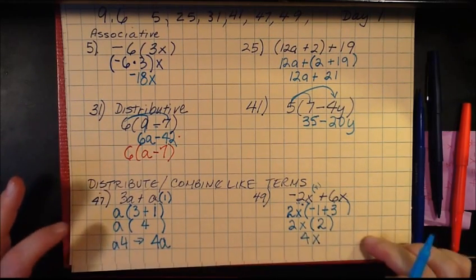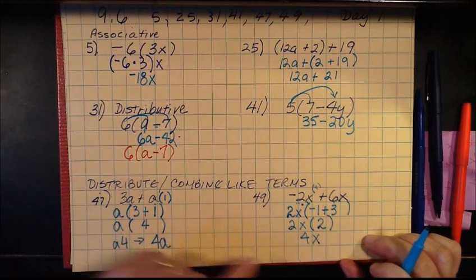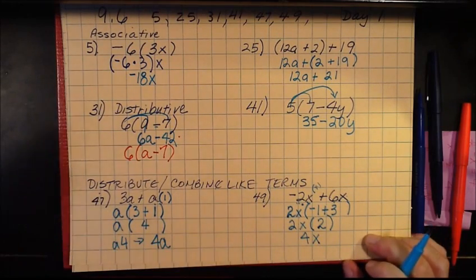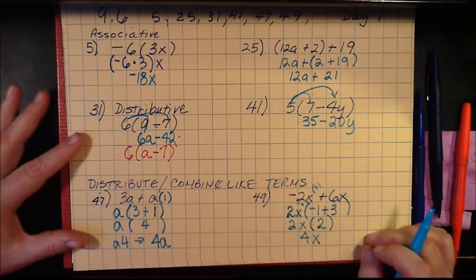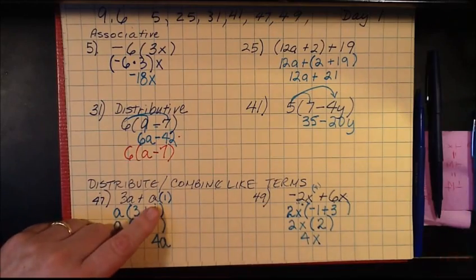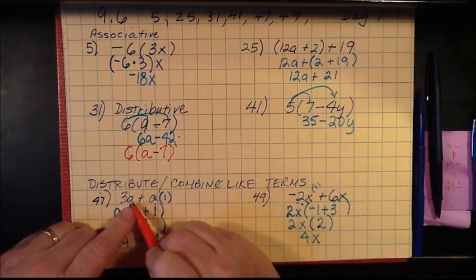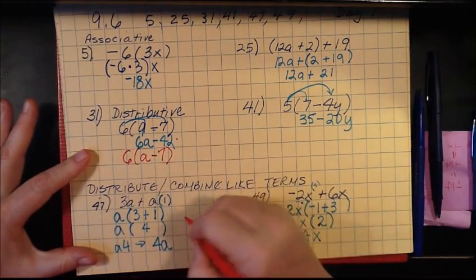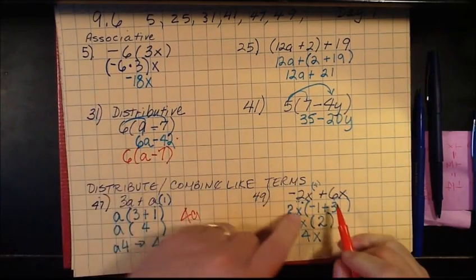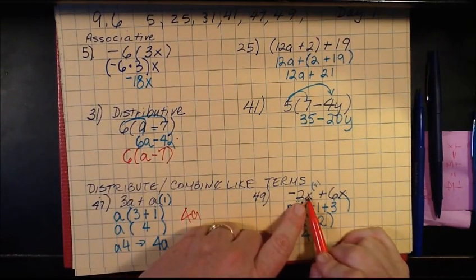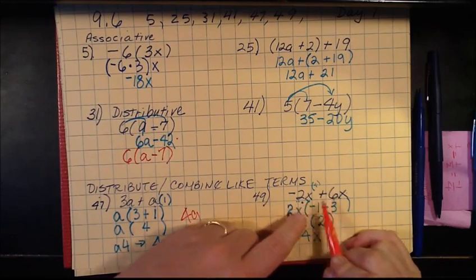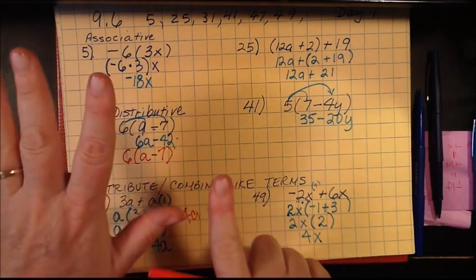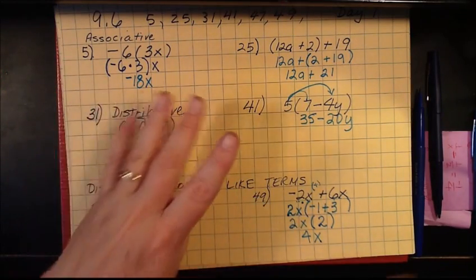And just to remind you, this is the long way to go about this, but what it does is it shows you what factoring and distribution are. I could actually just look at this and say, let's see, I have 3 a's, and 1 a gives me 4 a's. Here I have negative 2x plus 6, so I had 6 x's and I took away 2 x's, that leaves me 4 x's.